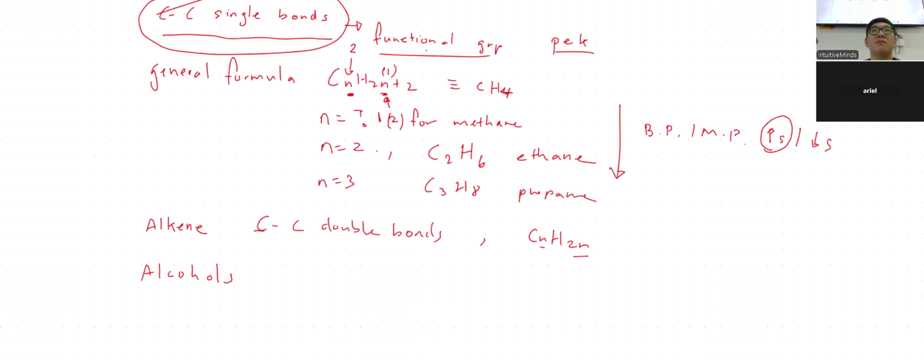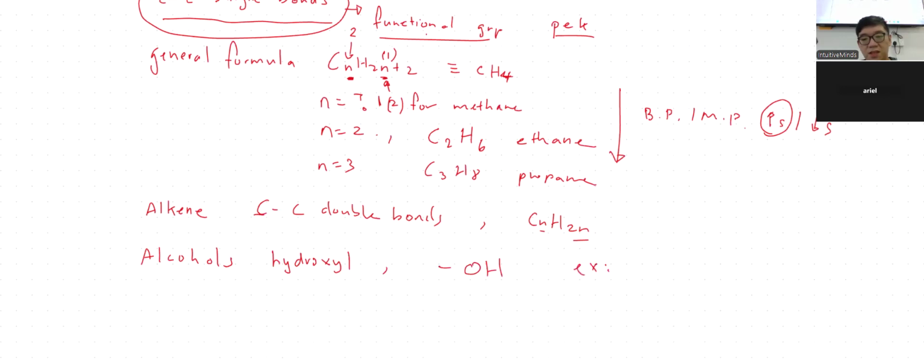Alcohols, what is the name of the functional group? It'll be called hydroxyl, and the functional group is OH. So example would be ethanol.